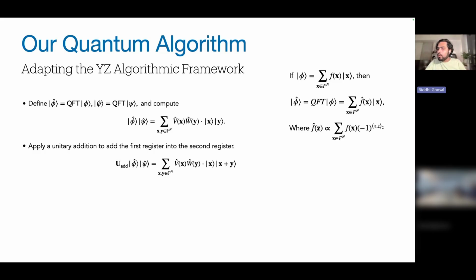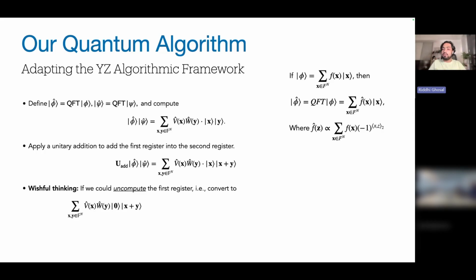And now you just hope that in some way, and again I'm not specifying how, you can somehow uncompute the first register and just kill off that x in any particular way, however you want. If you can do that and extract this particular state, which is 0 and x plus y, then I would say that we've gotten somewhere, because now you can use standard quantum operations.